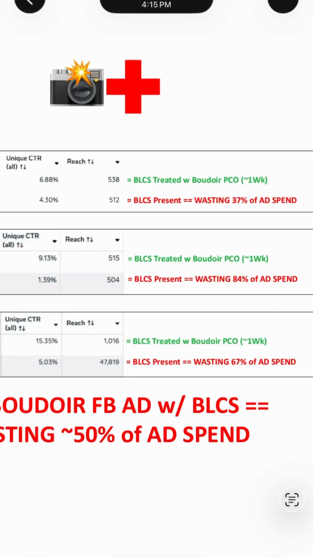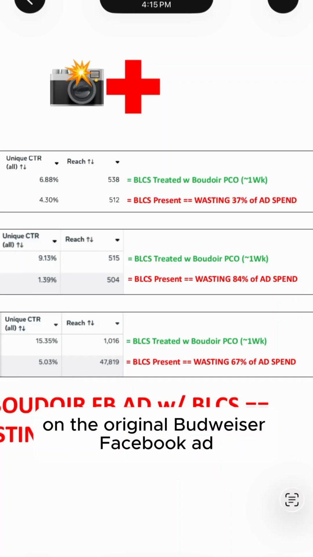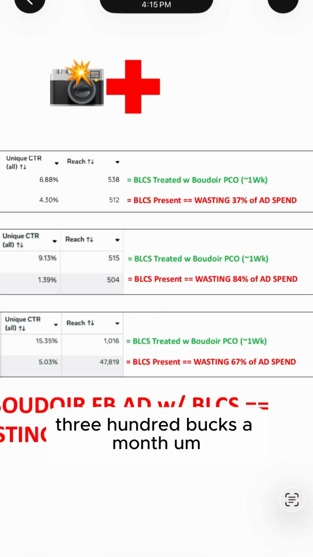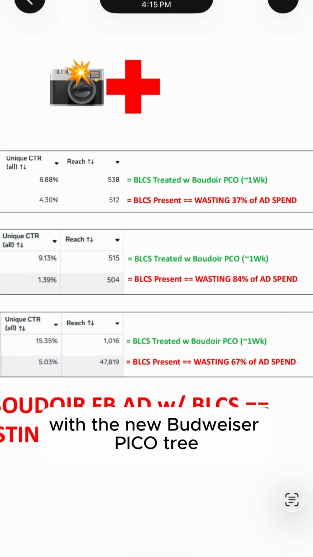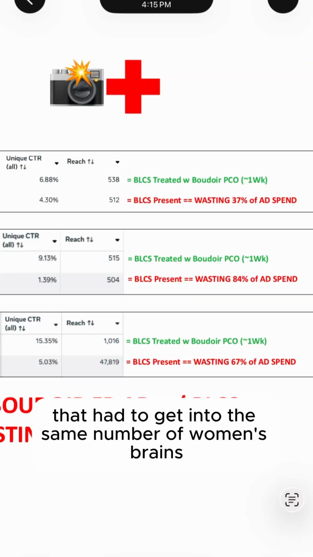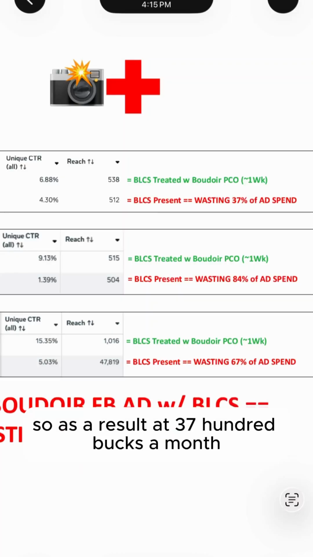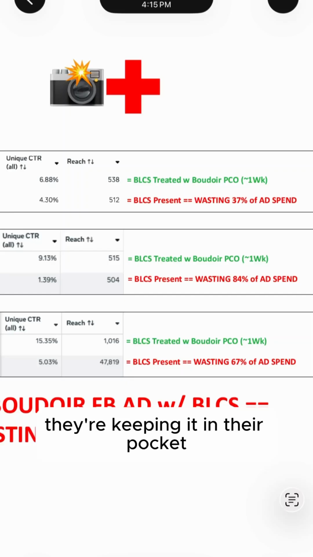And so if they're spending 10 grand a month on the original boudoir Facebook ad, now they only need to spend $6,300 a month with the new boudoir Pico treated ad to get into the same number of women's brains. So as a result, $3,700 a month they're keeping in their pocket.